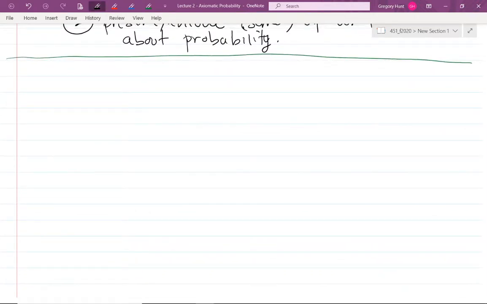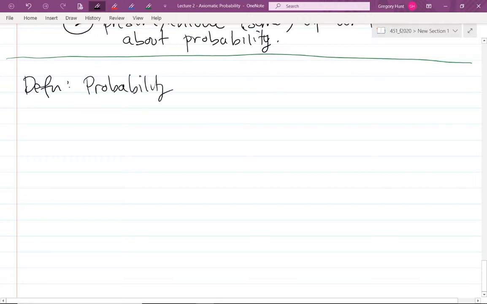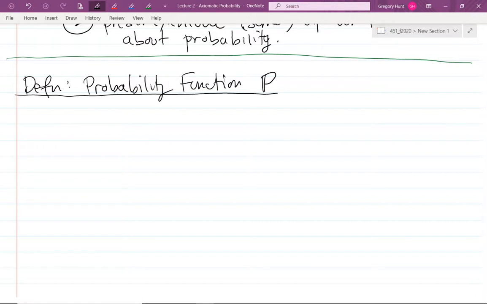So this leads us to a super important definition, which is a probability function P. So why is this a definition? It's defining what is allowed for a, quote, valid probability function. So we're going to set down some axioms of a probability function.